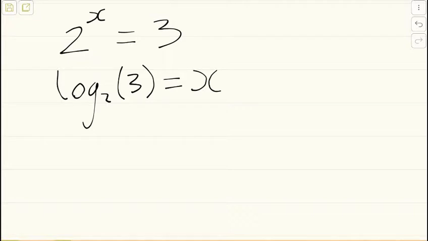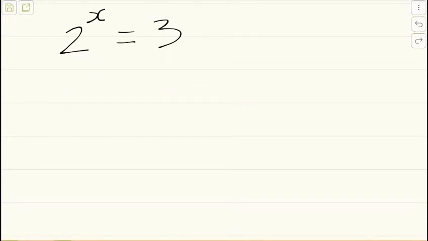I'm actually going to show you another way in which it can be done. This way, although it seems longer, it might actually be easier in terms of following the steps. So, now that we know a little bit more about logs, here's what we can do. Let's take the logs of both sides.